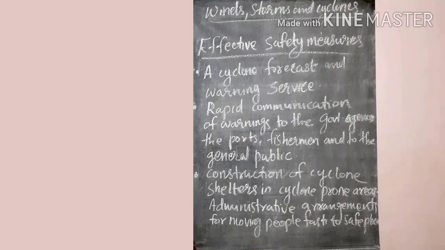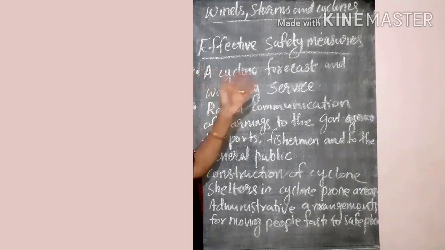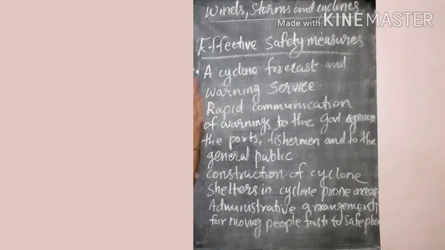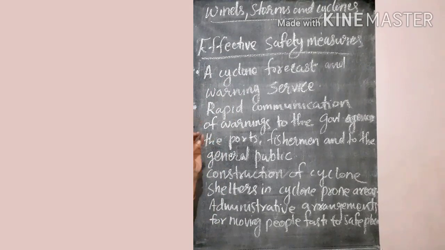Children, now let us look at the effective safety measures by the government and other agencies. One is cyclone forecast and warning services. Next, rapid communication of warnings to the government agencies, the ports, fishermen, and the general public.